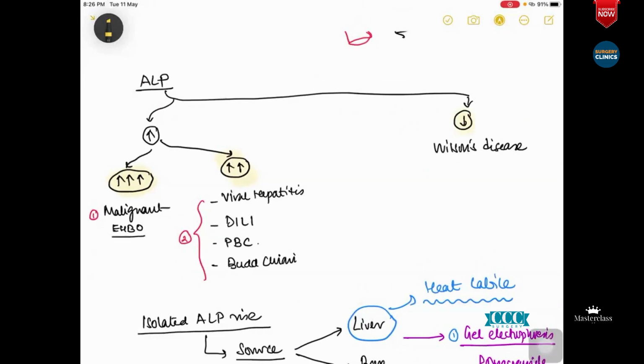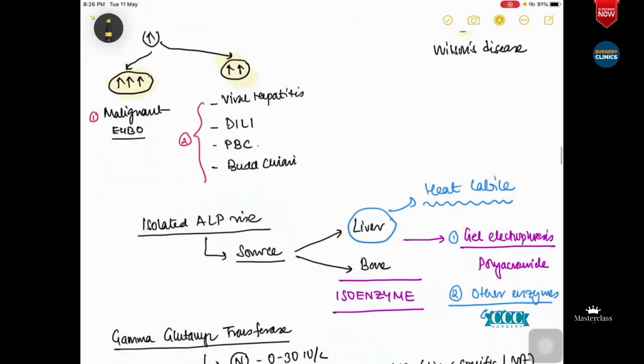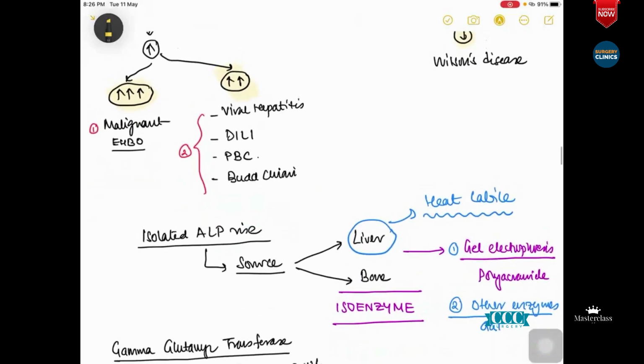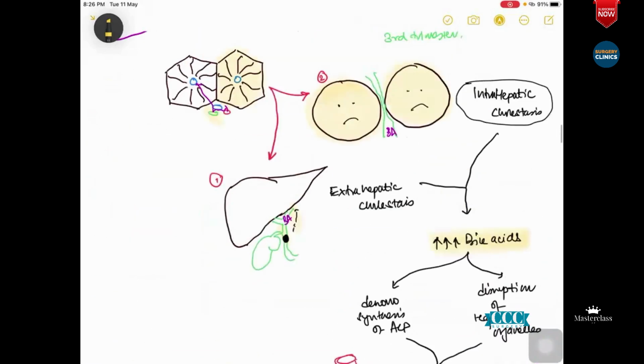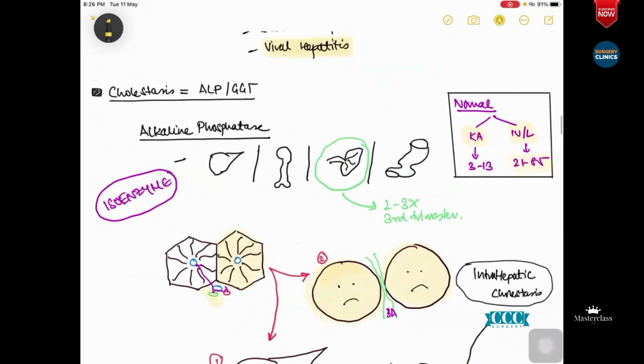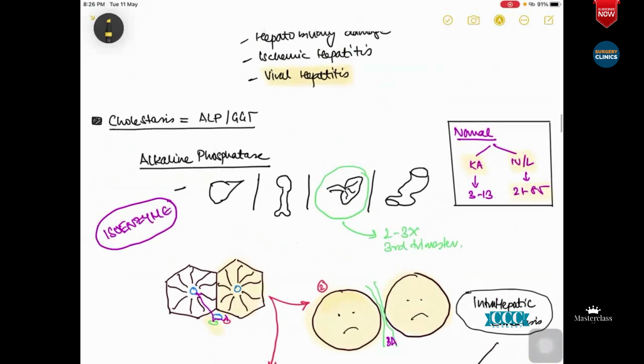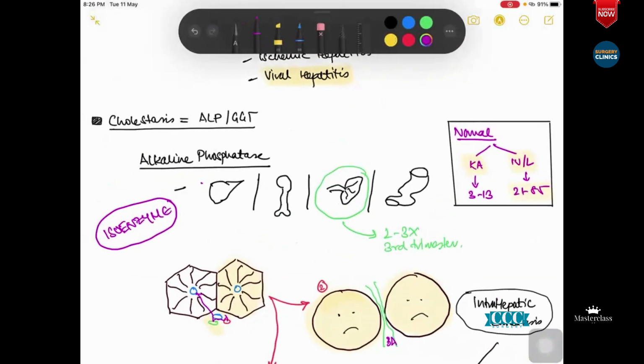Right. Now, suppose you have a report where you have an isolated rise in the alkaline phosphatase. Now you have to find out the source. I told you that there are various sources of alkaline phosphatase: you can have the liver, the bone, the placenta, the intestine. Suppose in a pregnant mother, you see a rise in the alkaline phosphatase in the 3rd trimester.